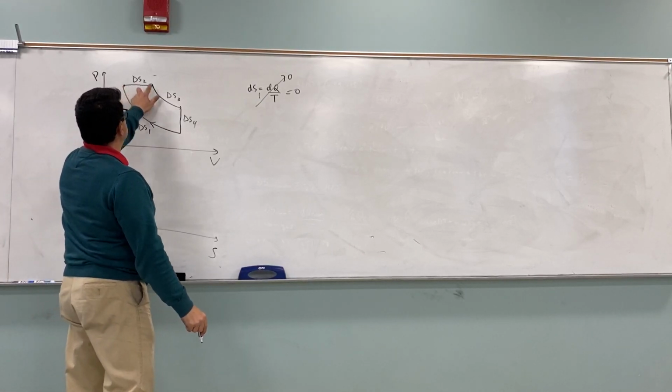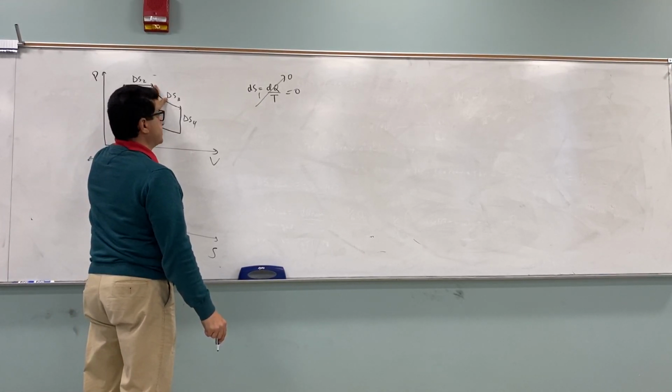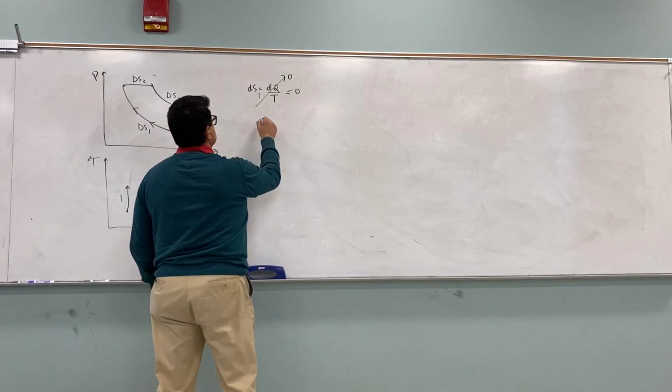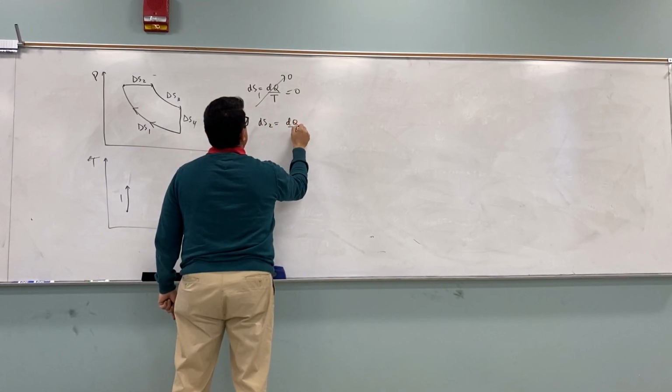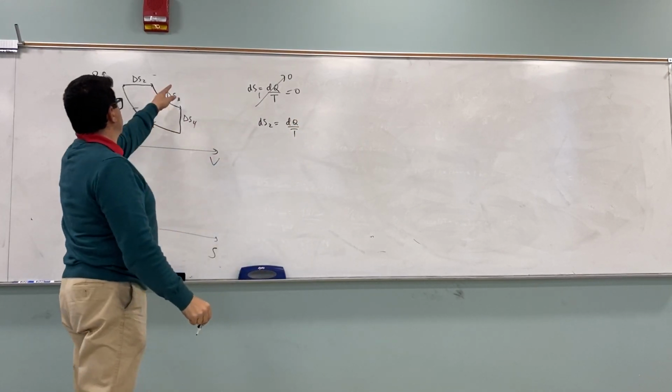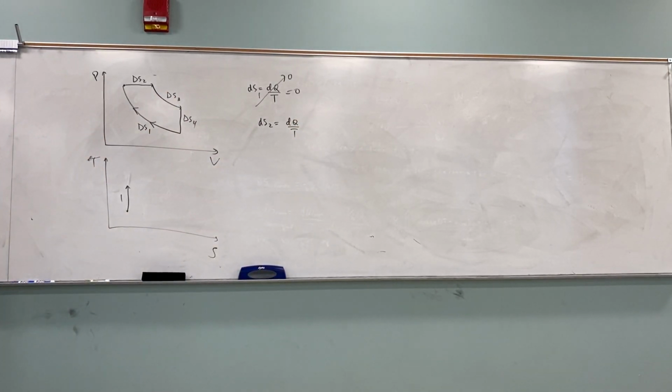Now what's happening in this state? The change in entropy in stage 2 is going to be what? dQ divided by T. So for isobaric, what's the equation for dQ?